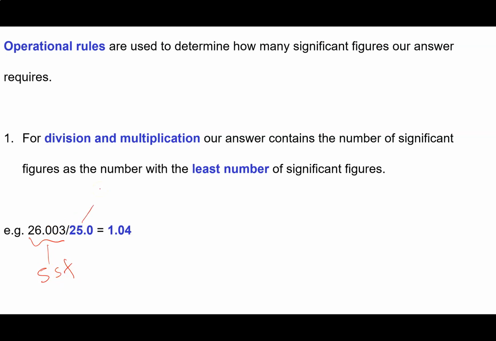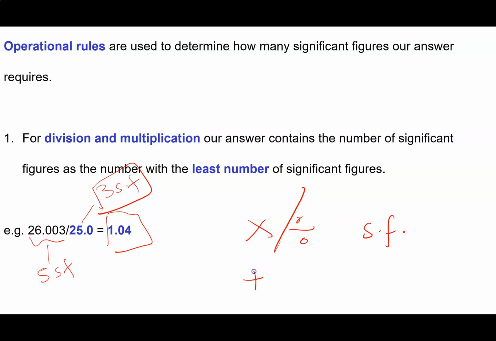This bottom number has 3 sig figs, so that means my answer, whatever I get out of the calculator, has to be rounded to, you guessed it, 3 significant figures. So I always remember, dividing and multiplying, or multiplying and dividing, it's all about sig figs.